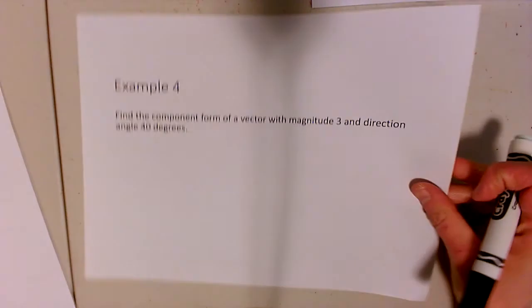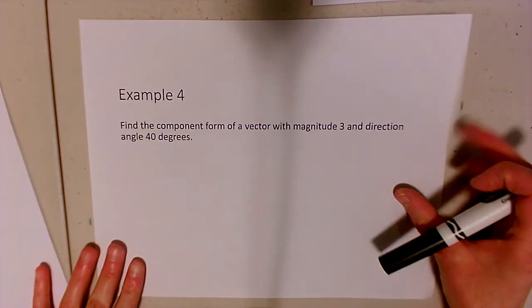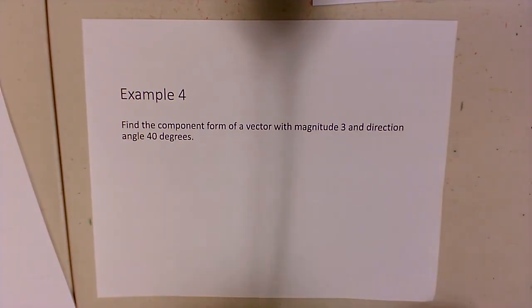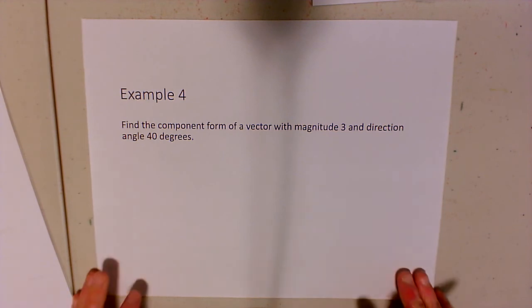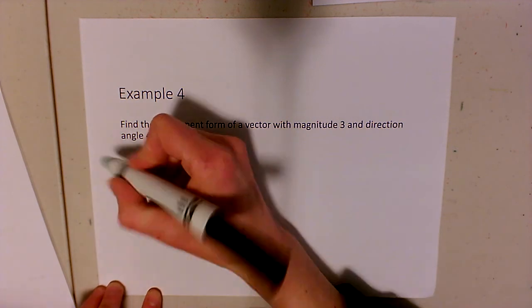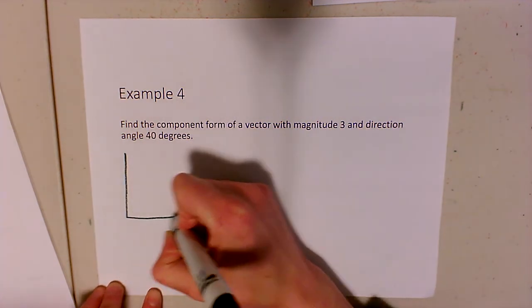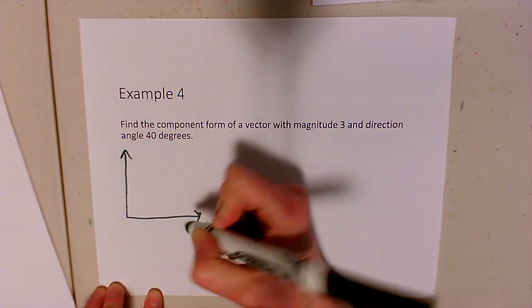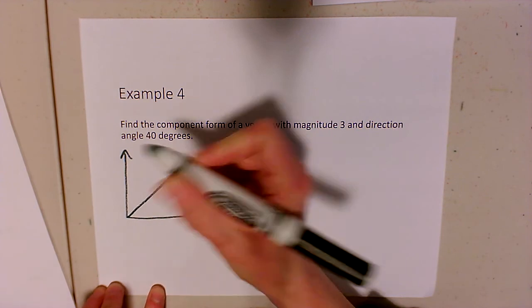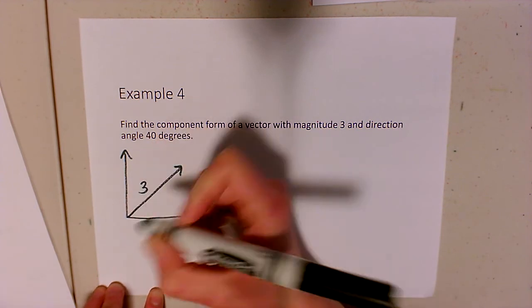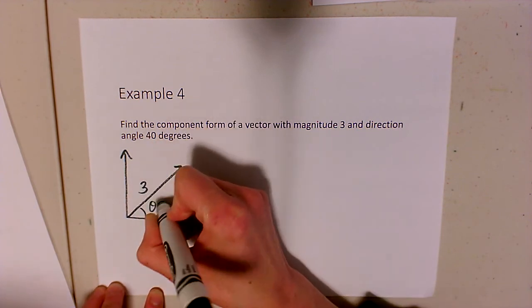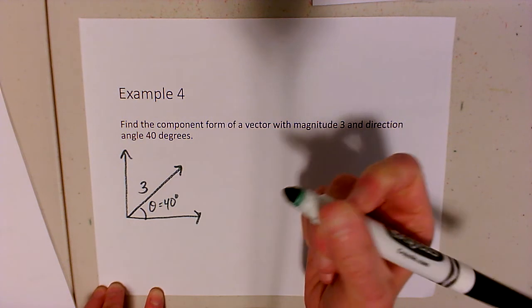Alright, example 4. We want to find the component form of a vector with magnitude 3 and direction angle 40 degrees. First off, I'm going to want to visualize what's going on here. We have a magnitude of 3, and this angle is 40 degrees.